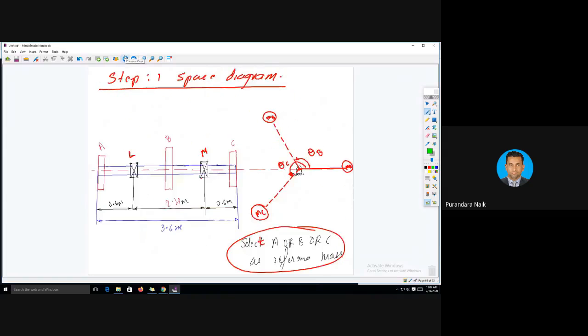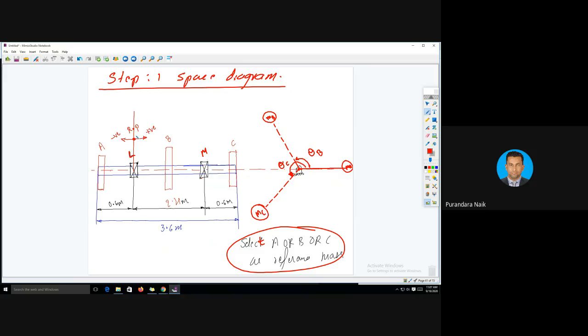L as a reference plane. So this is L, RP. Why is it RP? Because we have unknown mass. This is positive. This is negative. So this is the indication.